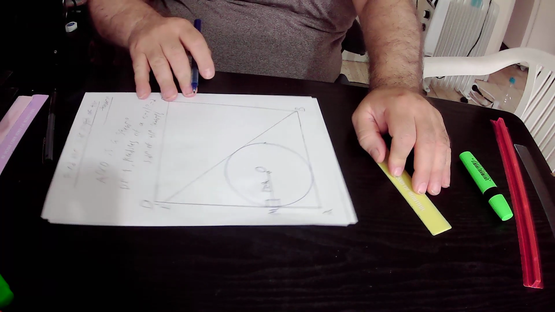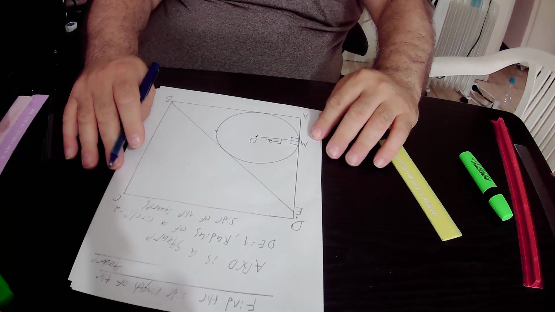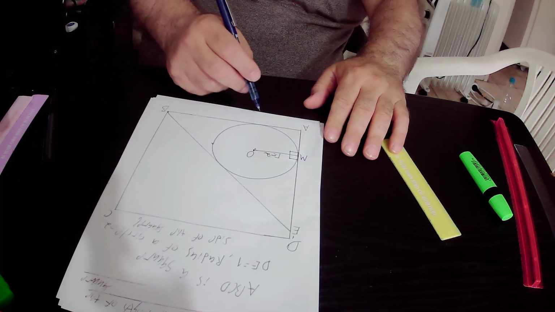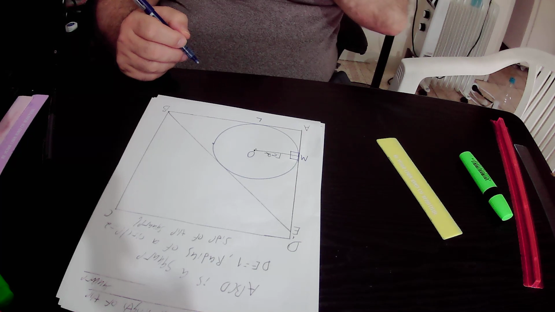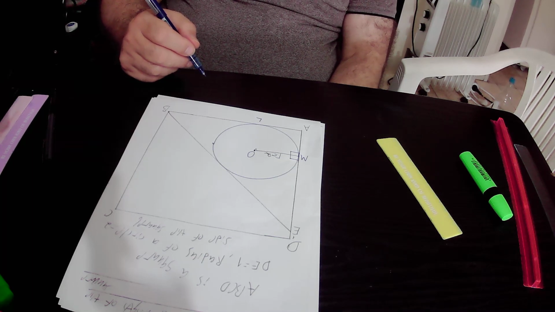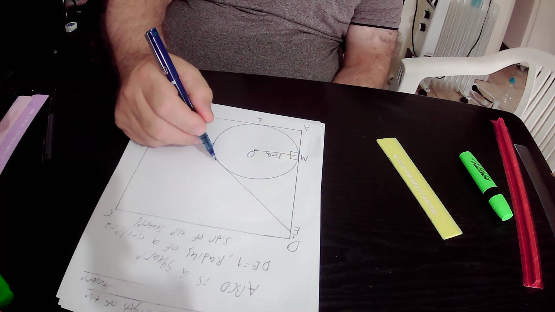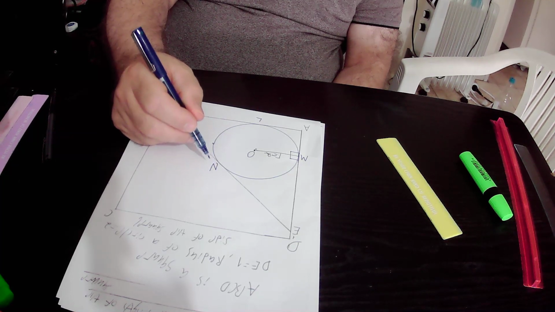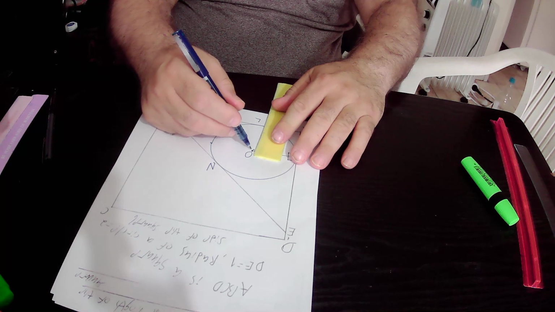Okay, in the next step we will define the point of tangency of tangent AB with this circle as point L, and the point of tangency of tangent EB with this circle as point N, and we will join points O and L together by a straight line.